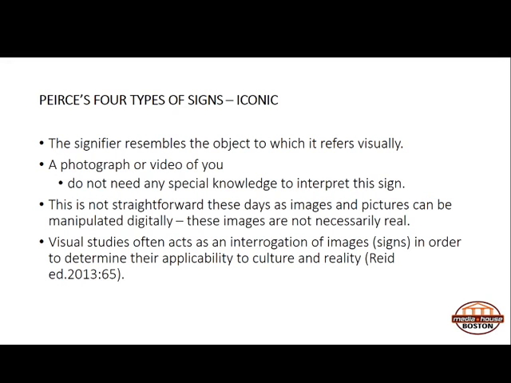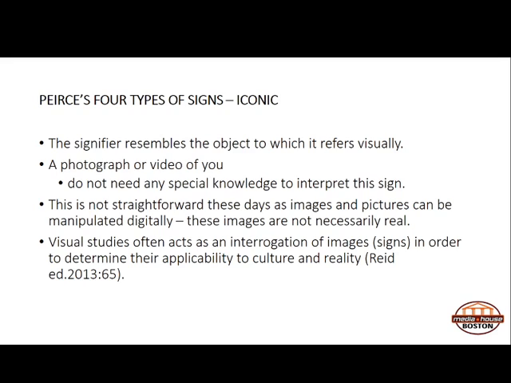Now, the second type is the iconic type of sign, and that resembles to a certain degree the object to which it refers. So, for example, a photograph or a video of you is an iconic sign of you. It's like your profile photo on Facebook.